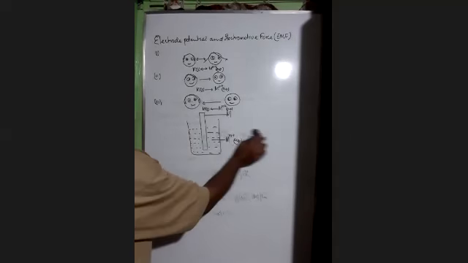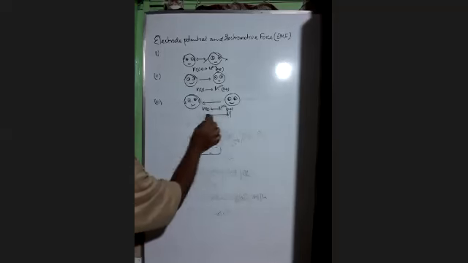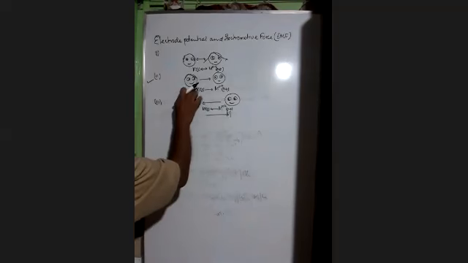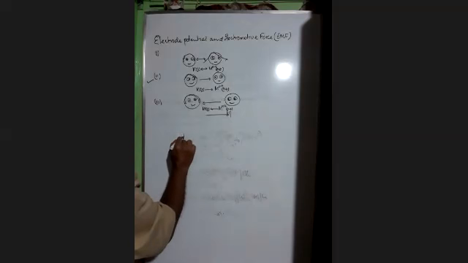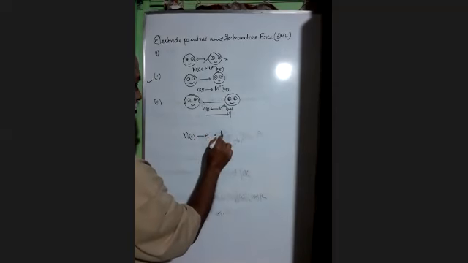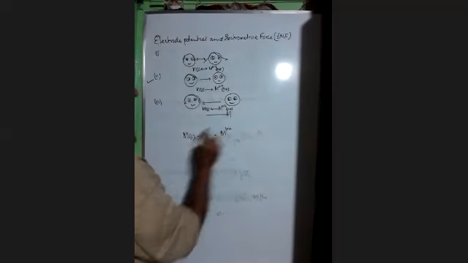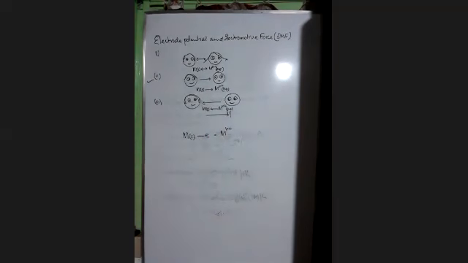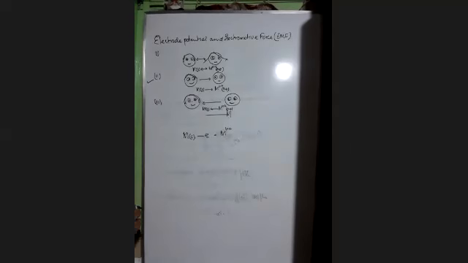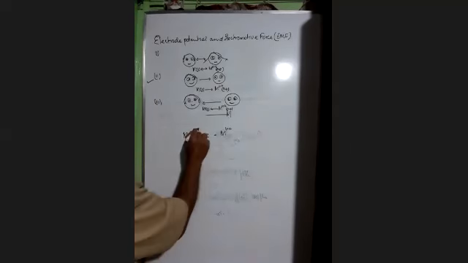So see here, suppose I'm going for this. See, this person has started smiling. So in this case, what may happen? This metal may lose electrons to become M^n+. But I told you, we never write any negative sign in an equation.